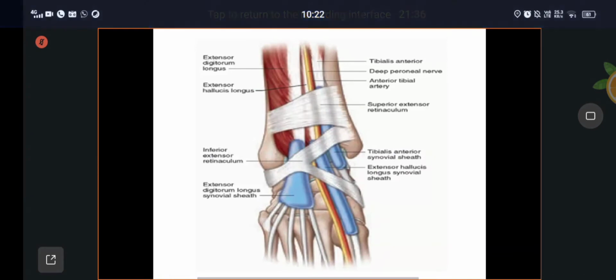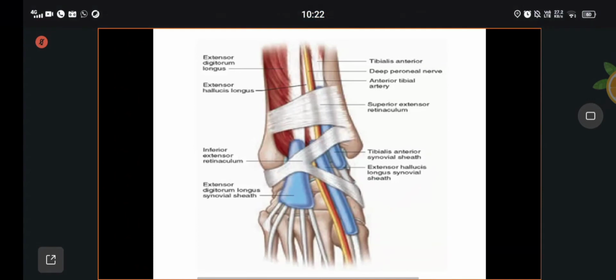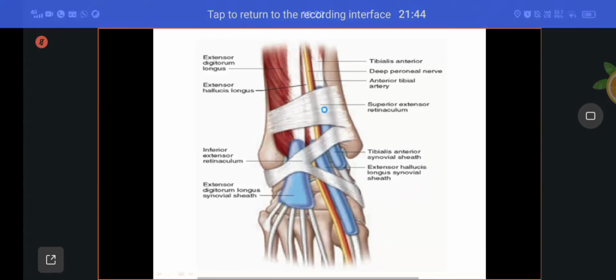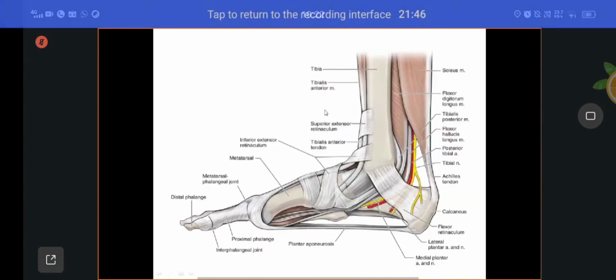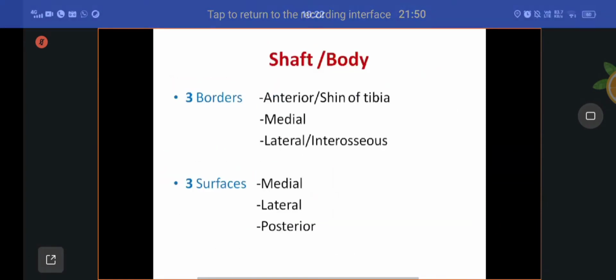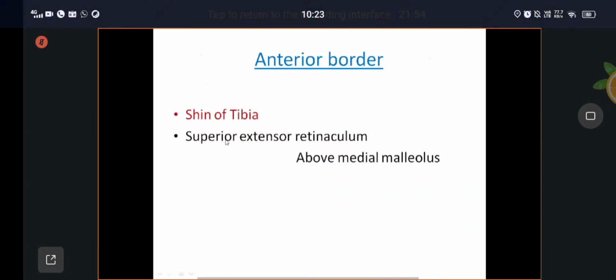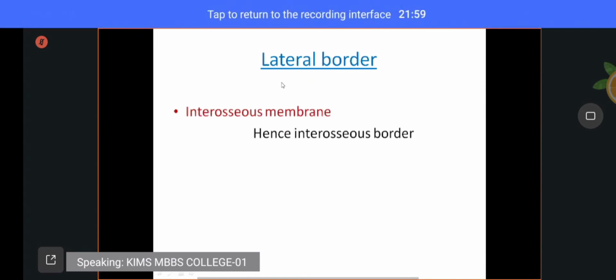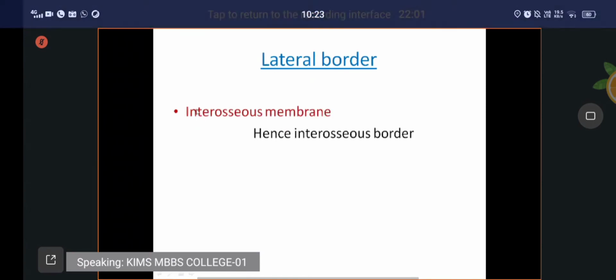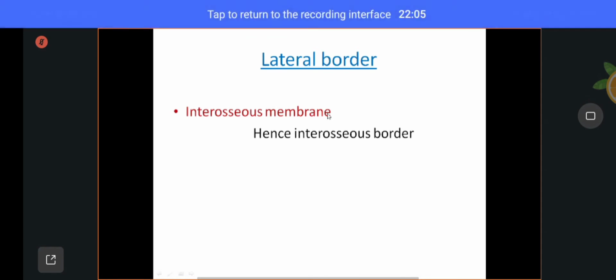The medial part is attached to the anterior border of the shaft of the tibia, not the lower end of the tibia. The anterior border of the shaft gives attachment to the superior extensor retinaculum. These are the two important things as far as the anterior border is concerned. Anterior border is called shin of tibia. The superior extensor retinaculum is attached above the medial malleolus.